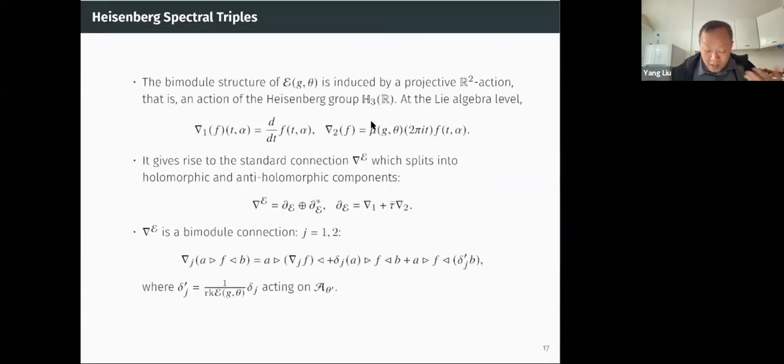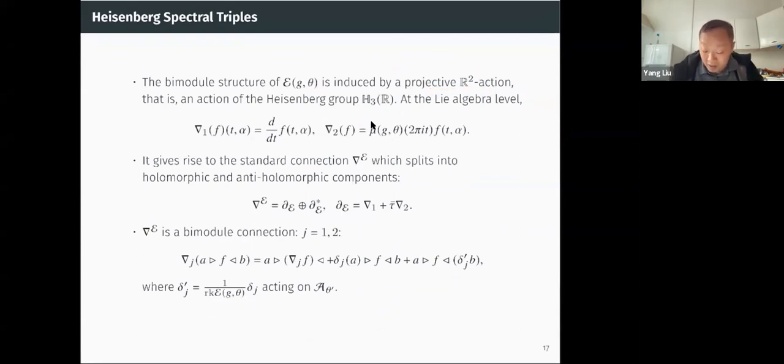And then we have to extend the connections, right? So we have to differentiate the sections. We need a notion of connections. So this notion of connections can be derived by differentiating the projective representation of R2 we mentioned before.